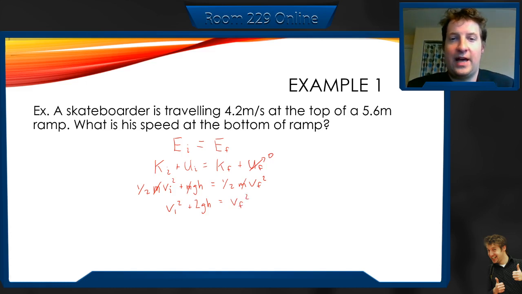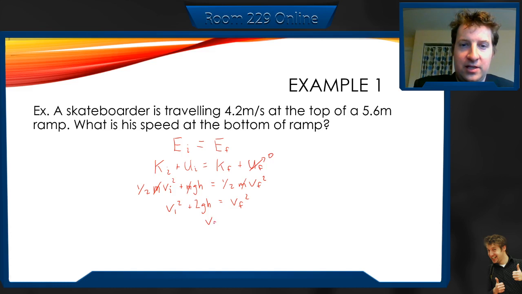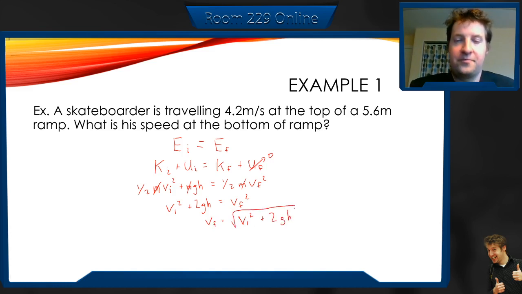All the halves have been removed by multiplying everything by 2, and the m's have canceled out. Remember, it's asking me for the speed at the bottom, which is Vf. It's still squared, so the final velocity is going to be equal to the square root of the initial velocity squared plus 2 times g times h.